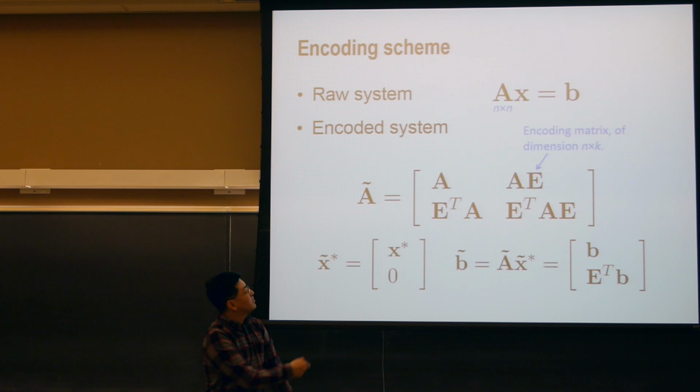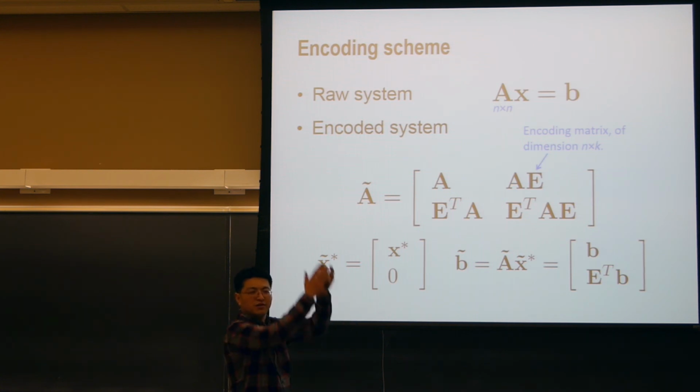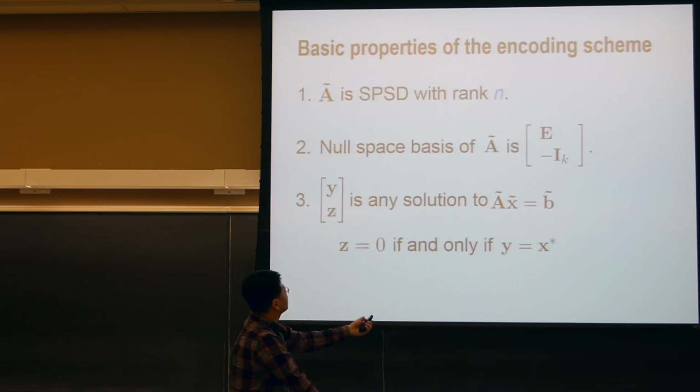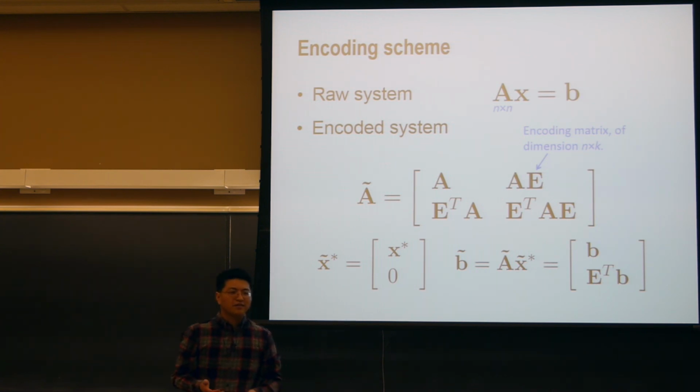So this matrix is n plus k by n plus k. This is the transpose of this one, so A times a tall skinny matrix gives us a tall skinny column, and then that's the row. This dimension is n by n, this is n by k, and this is k by n. That's it. Yeah. Thank you.